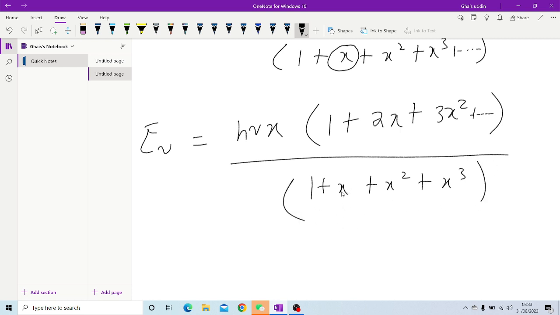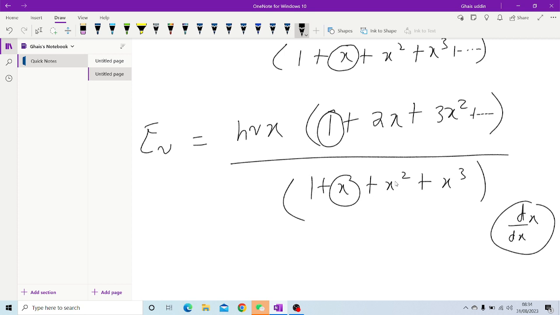Now if I look at this, if I take the derivative for this, the derivative of x, d divided by dx, is equal to 1, and for this 1 it is 0, so we did not write it here.